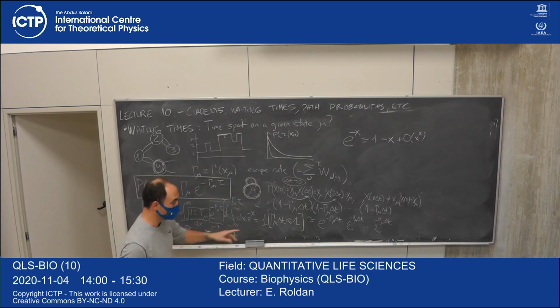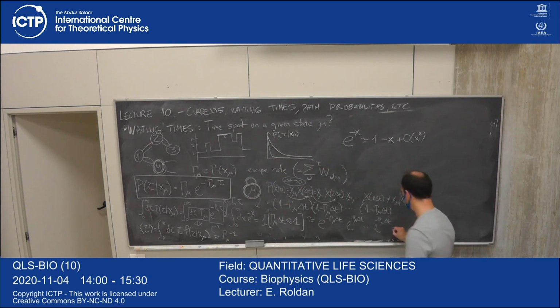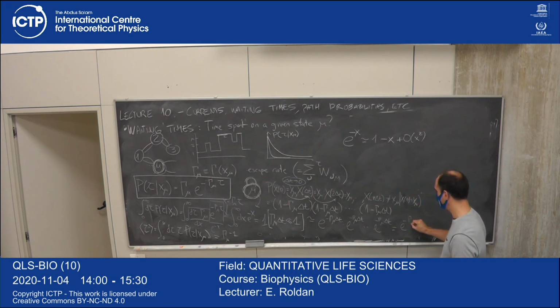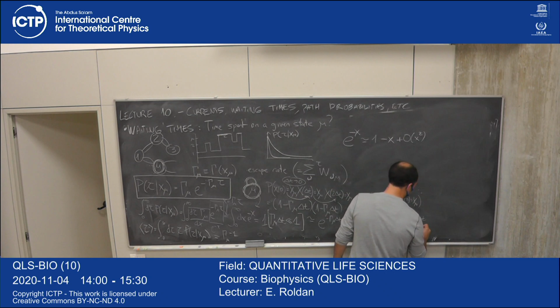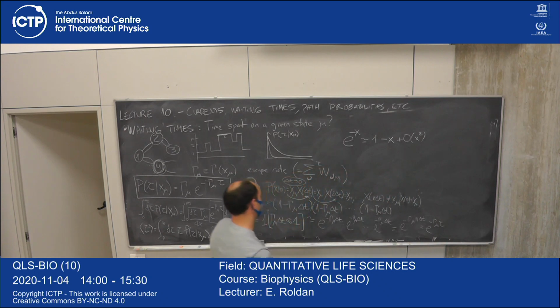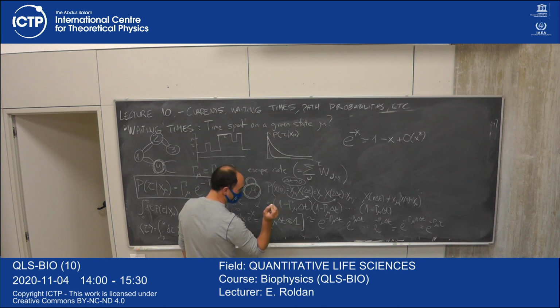But then, what you have is e to the minus gamma mu n times delta t, and this is time. Here I forgot there is a normalization constant, because this is not normalized.